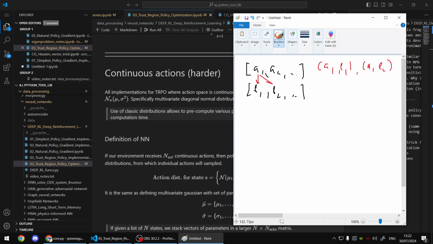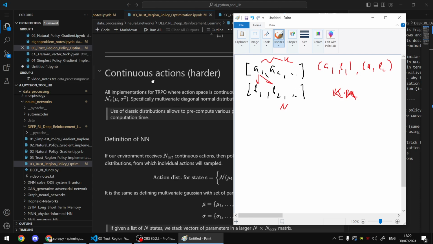If we have k actions here and n actions here, for A1 it will be n, for A2 it will be n, so basically it's k times n actions.